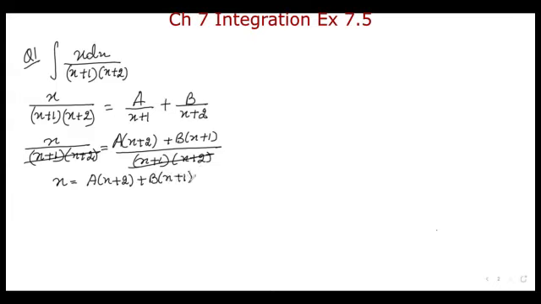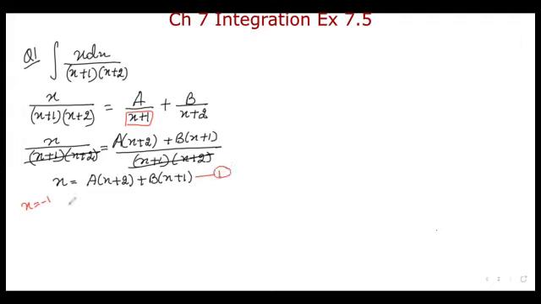Now after this, we have to find the values of A and B. So the very simple thing which I am going to tell you here is, first put this factor equals to 0. When I put x + 1 = 0, I will get x = −1, right? So put x = −1 in this equation.